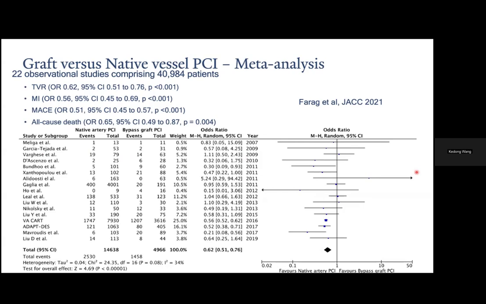In other words, you're 50% less likely to experience an adverse outcome if you choose native vessel PCI over vein graft PCI. That's quite a significant number. It demonstrates that there's a profound increase in safety and good long-term outcome that's associated with native vessel PCI if it is feasible.